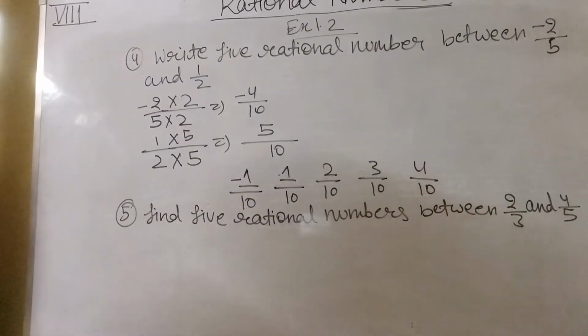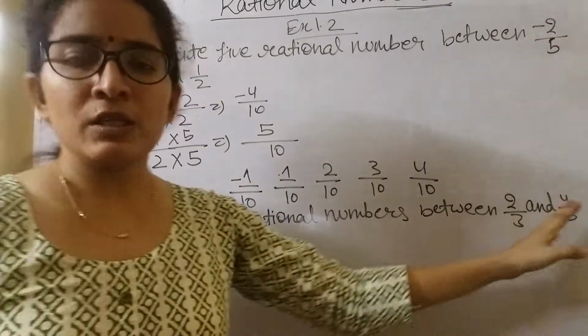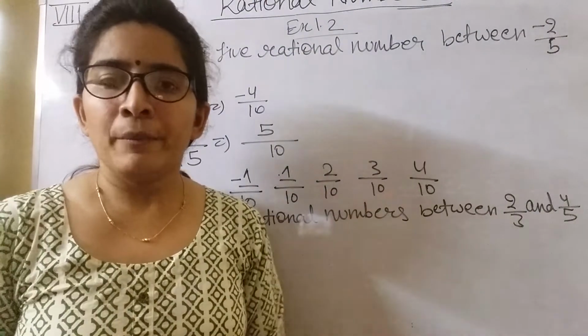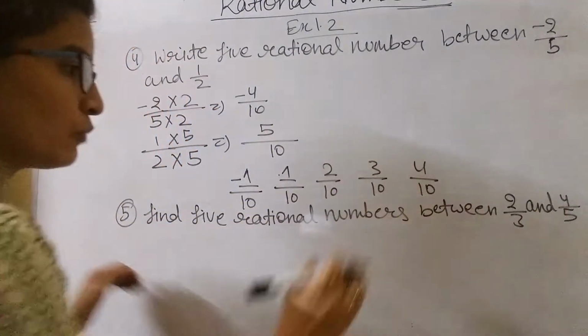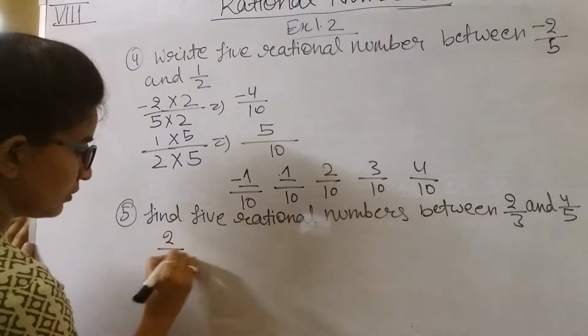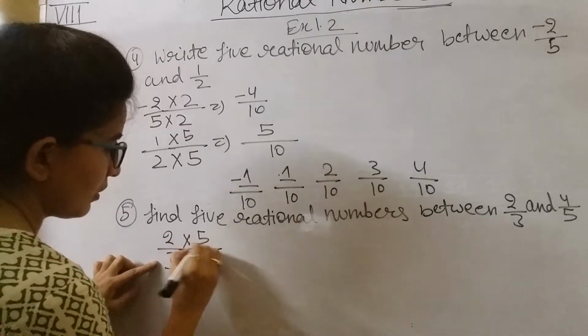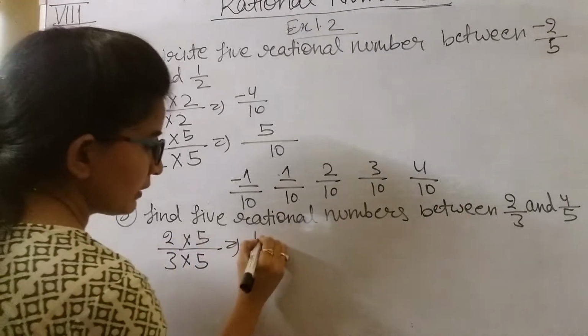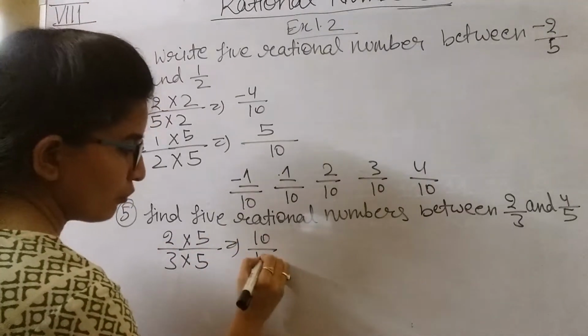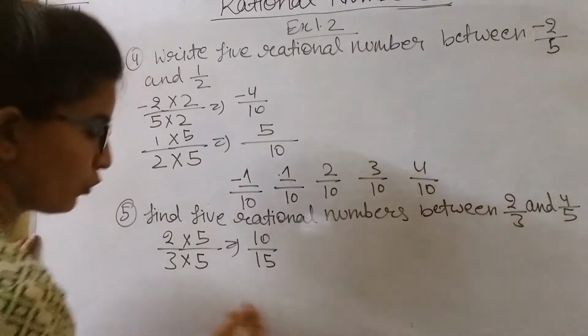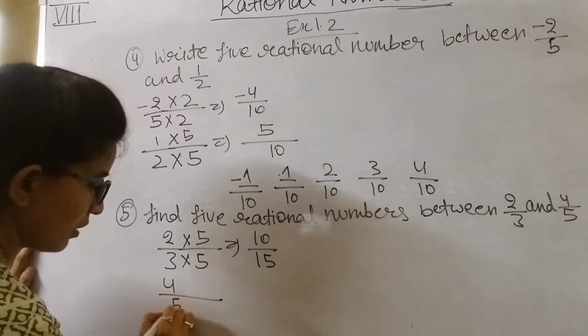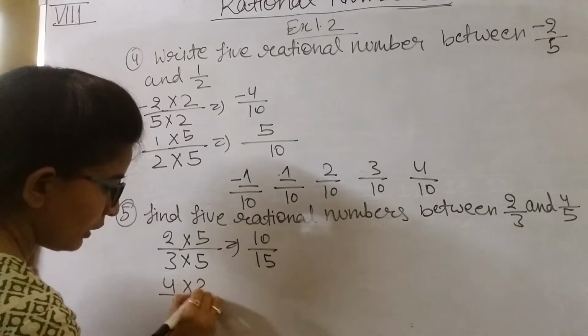Now again, to write down the rationals between these two numbers, we have to make their denominators the same. So we can multiply the denominator by 5. That will be 2 fives are 10, 3 fives are 15. And for 4 by 5, we will multiply it by 3.